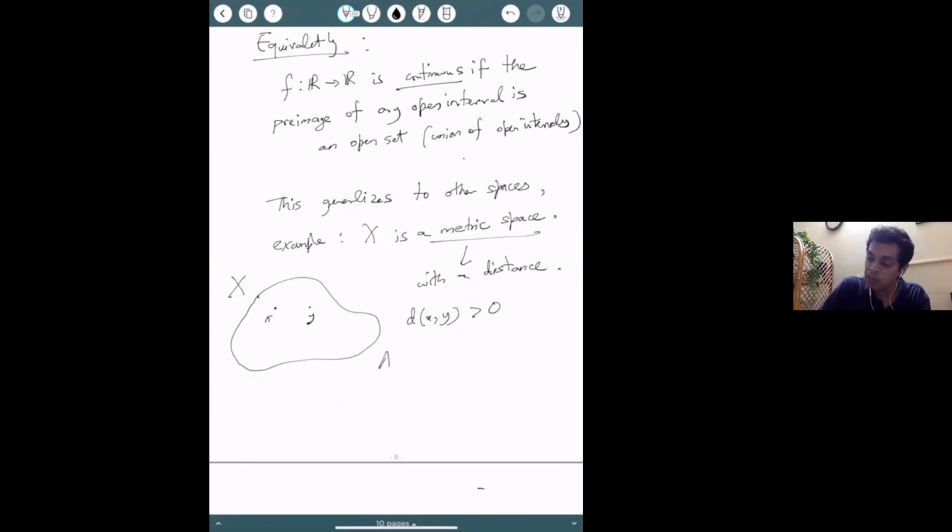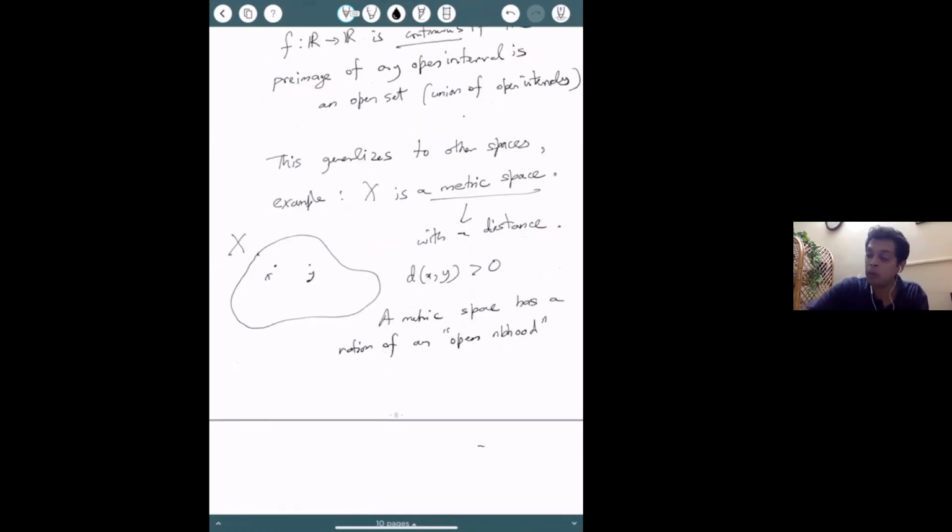So a metric space has a notion of an open neighborhood, just like an open interval is sort of an open neighborhood of a point. So the open neighborhood of a point, let's call it little x in capital X. And what is that open neighborhood?